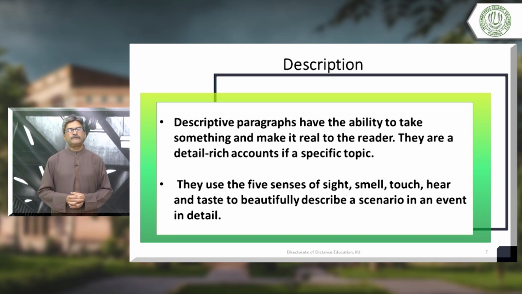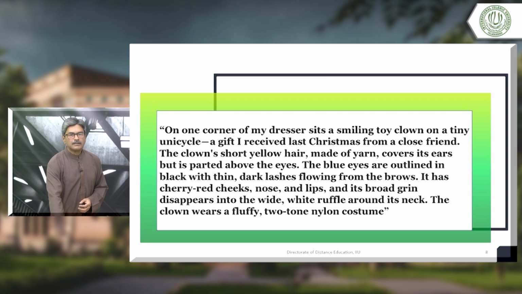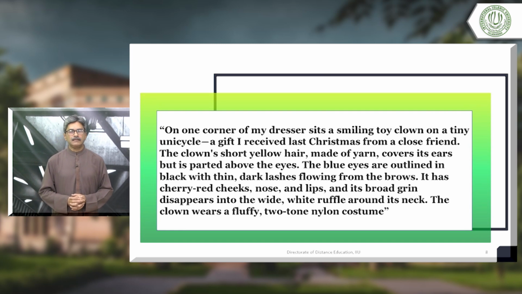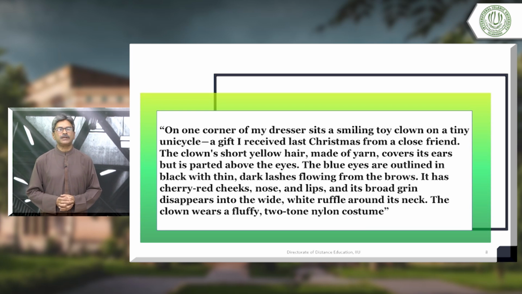They use the 5 senses of sight, smell, touch, hear and taste to beautifully describe a scenario or an event in detail. So, when you present even a minute detail, for example, of a person, of a place or an object, the purpose is to create a proper image in the mind of the reader or the listener.